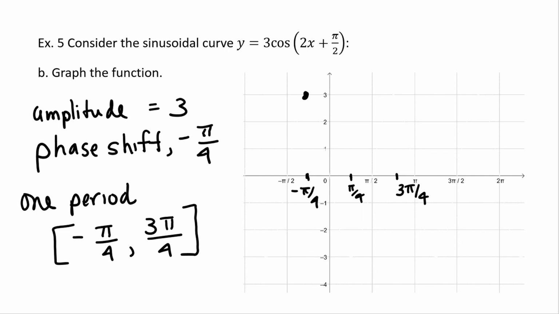At 0, the cosine is at 0. At pi over 4, the cosine is way down at minus 3. At pi over 2, the cosine will be at 0. And at 3 pi over 4, we finish the entire period. That would be at 3. So the graph would look something like this.